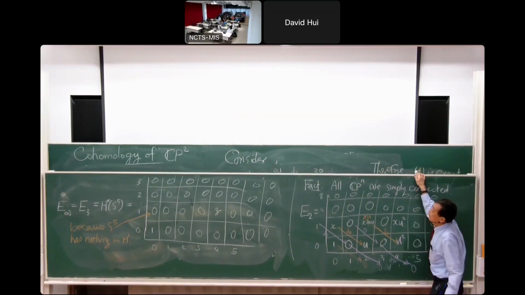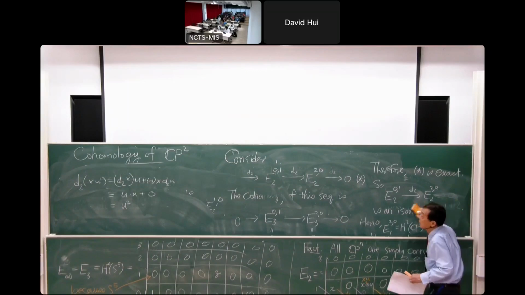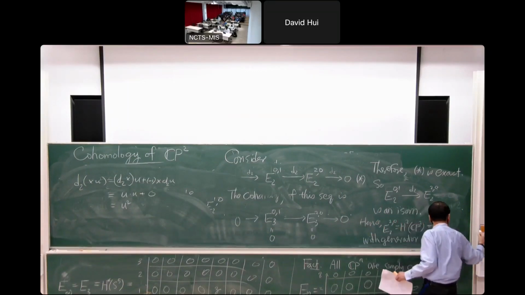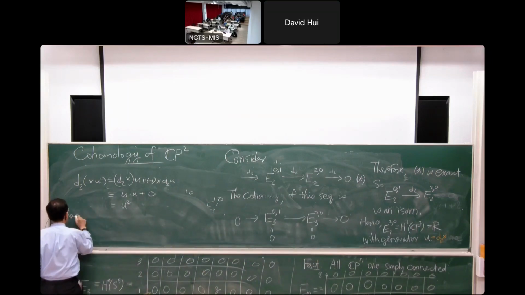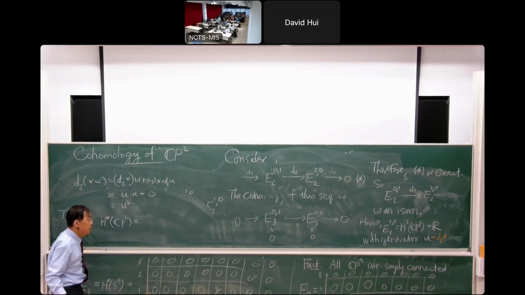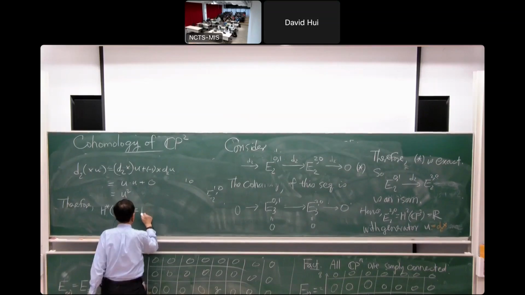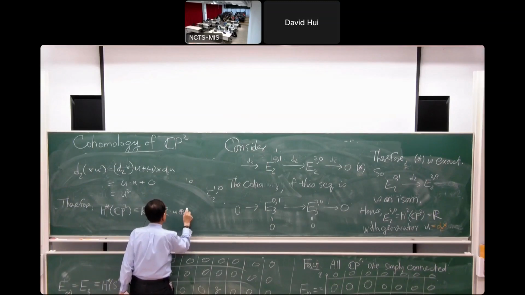So therefore, the cohomology of CP2 is R with generator 1, and then R with generator U, and then R with generator U square.